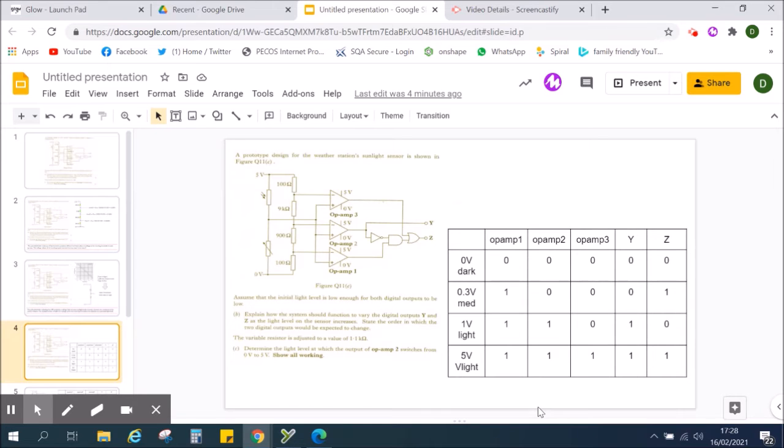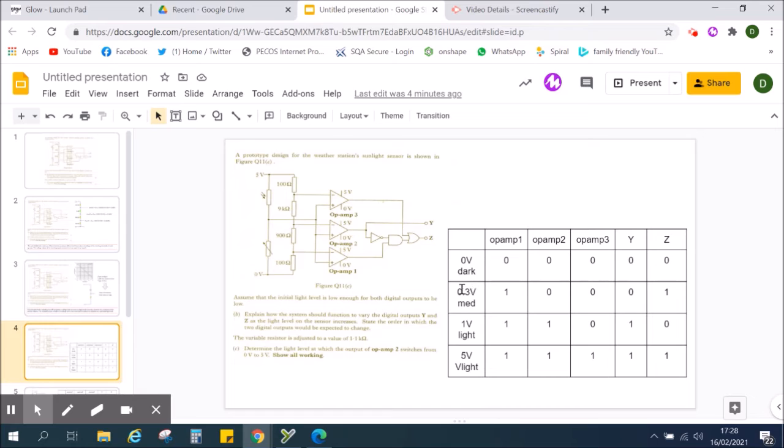So this part here, the question doesn't ask us for it, but I think it's quite useful to create this table. So this is the voltages that would be coming in from the first voltage divider. I know that this is 0.049, 0.49 and 4.95 volts coming out here. So I've deliberately picked a number less than 0.049.